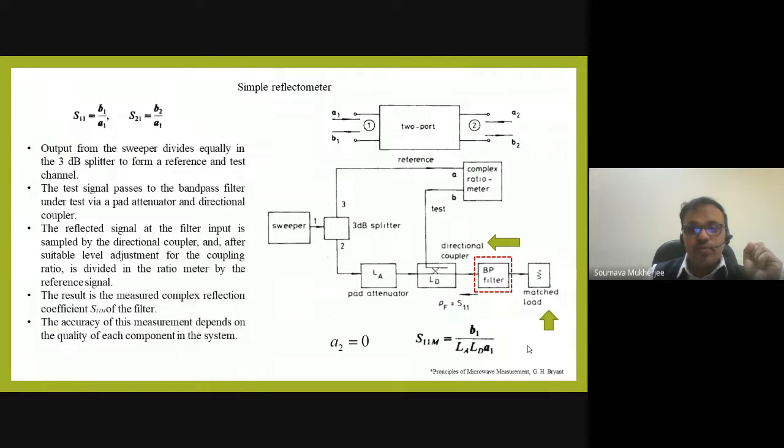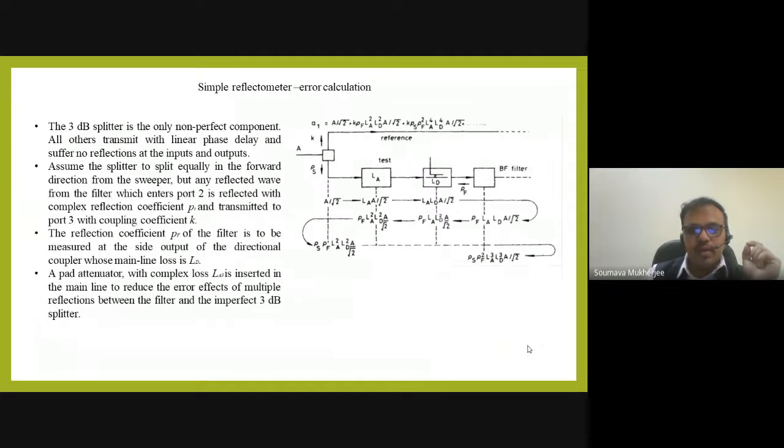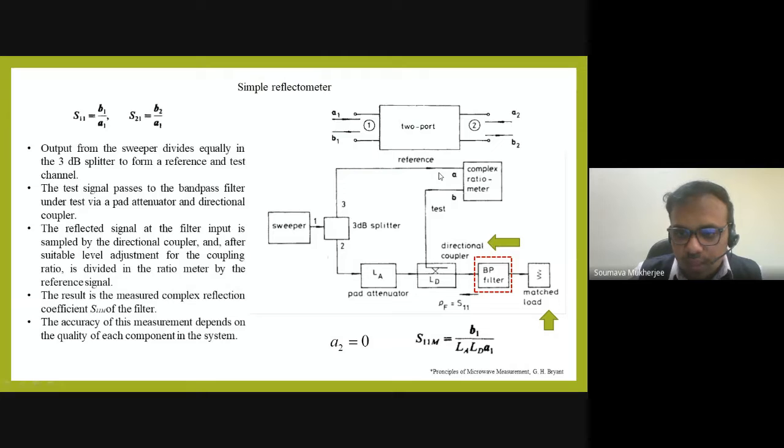But if we have error, then what will happen? So let's say, in a very simplified condition, we have an error only in the 3 dB splitter. That means whatever wave is coming back, which is coupled through here, right? Something is reflected back, that is coming, and something is coupled of that into this B. But whatever is coming here, then ultimately it will reach here.